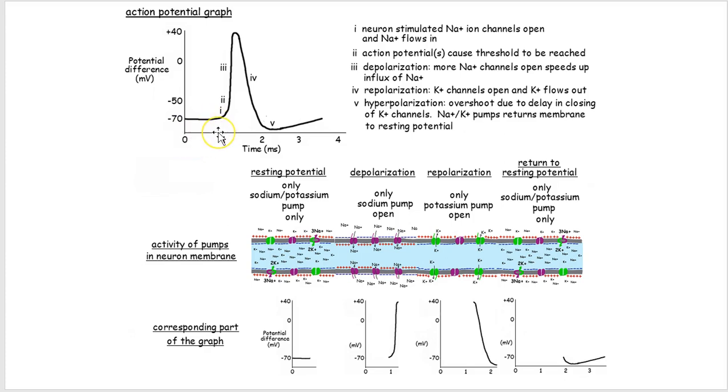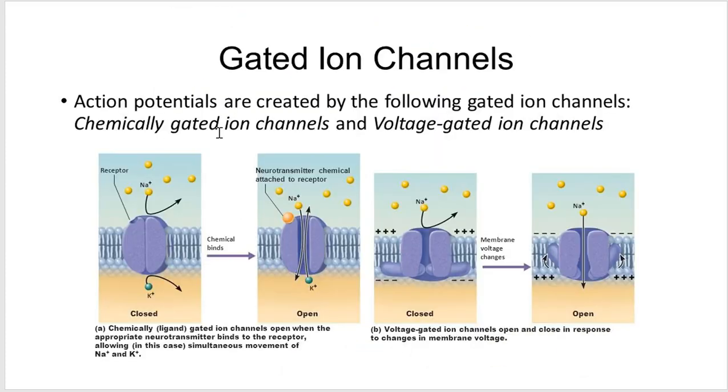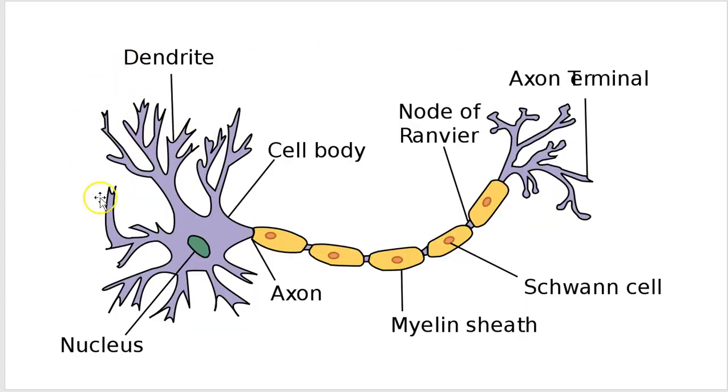What happens is, I'm going to scoot back here. Okay. What's going to be happening down at this end, which we're not spending a ton of time on in this class, you will if you go on to a 2-semester class, is neurotransmitters are binding. We may have excitatory neurotransmitters which are going to try to excite this neuron and induce an action potential.